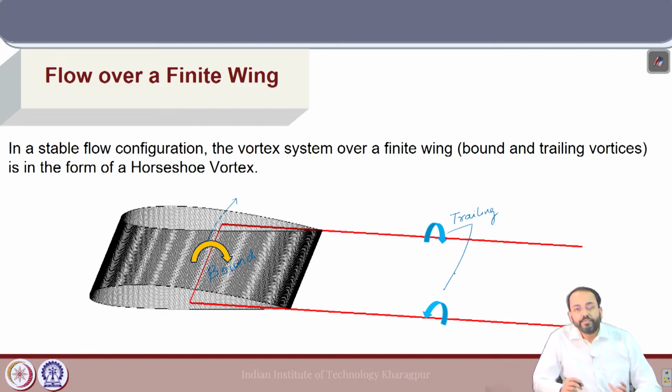The combination of these gives the horseshoe vortex pattern. Why? Because initially we had the starting vortex which gradually was shed downstream, and after obtaining the stable flow configuration we have this horseshoe vortex pattern.